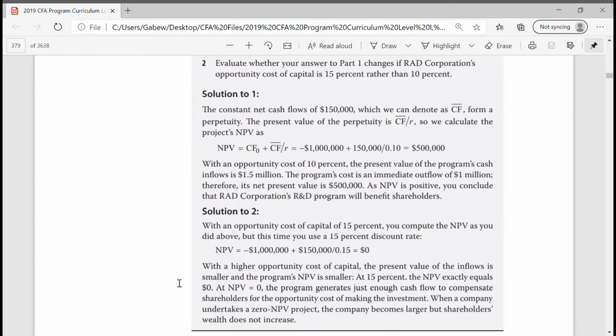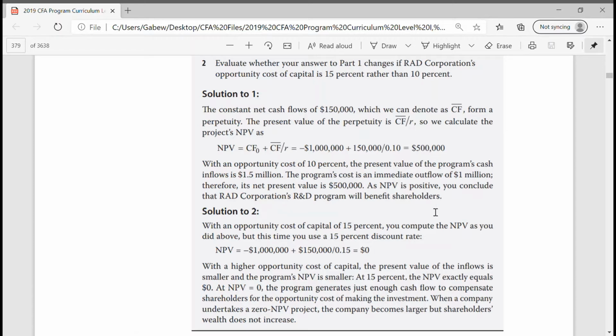The constant net cash flow of $150,000, which we can denote as CF with a bar on top, is a perpetuity. The present value of the perpetuity is CF divided by r, so we can calculate the project's NPV as period 0 plus the perpetuity divided by r, which will give us this.